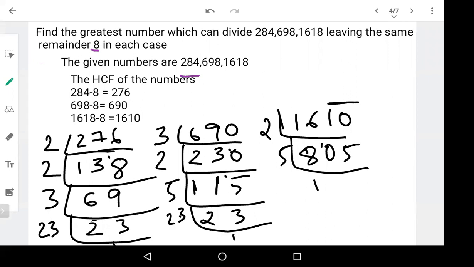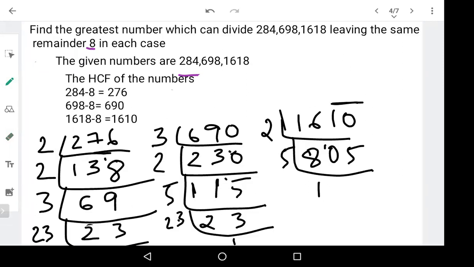Okay, just wait a second. 5 twos are 10. And then we have 5 ones are 5 again. Correct? Oops, sorry. Something went wrong. Just wait a second. 5 ones are 5, 6, 7, 8.